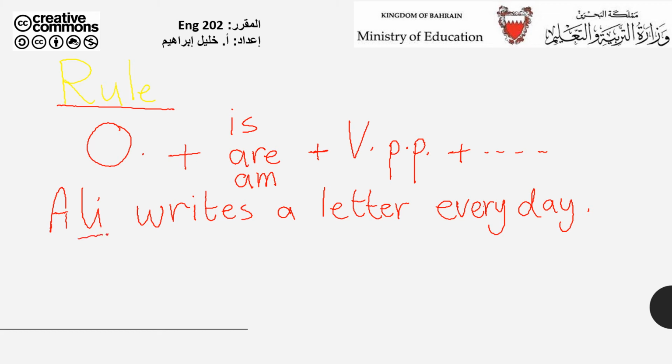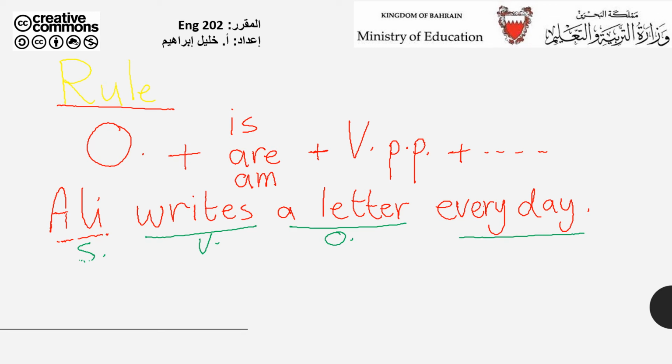So first, we can say that Ali is the subject, writes is the verb, a letter is the object of the sentence, and every day, of course, is adverb of time.